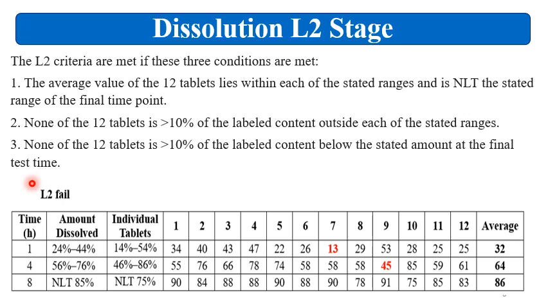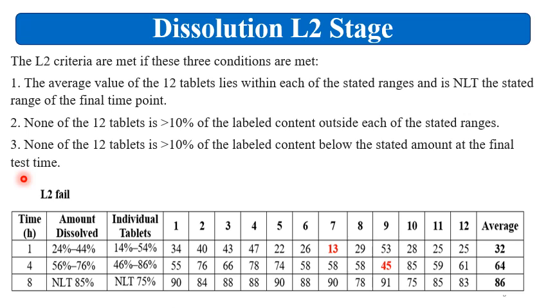So at L1 you have 6 tablet data, at L2 you have 12 tablet data, and now at L3 you will be having data for 24 units. So 6 plus 6 plus 12 becomes 24. Many of the people get confused between the number of tablets at each stage.